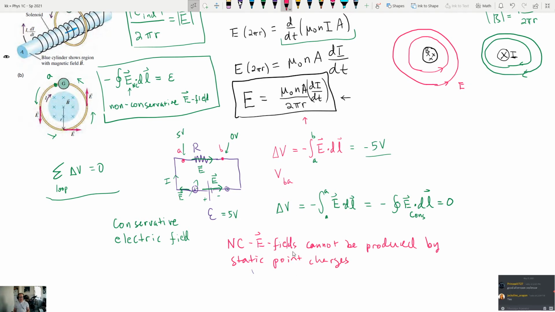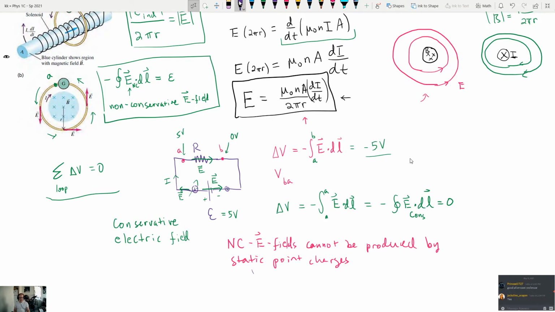They can only really be produced by magnetic flux, changes in magnetic flux, because there's no way to produce a circular electric field like this just using point charges. You can try to do it yourself if you want to. As soon as you start thinking about it, I think it's really easy to understand why this is true.